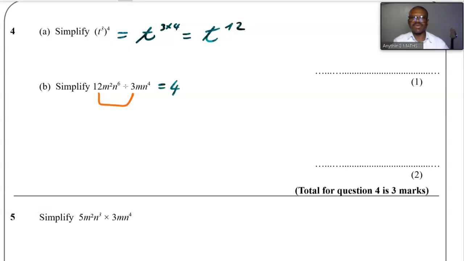Then we have m squared divided by m, so you're going to get m. Then we have n raised to the power 6 divided by n raised to the power 4, so n to the 6 minus 4. So eventually you're going to get 4m n squared.